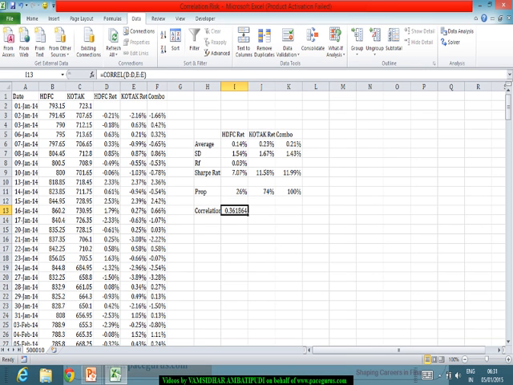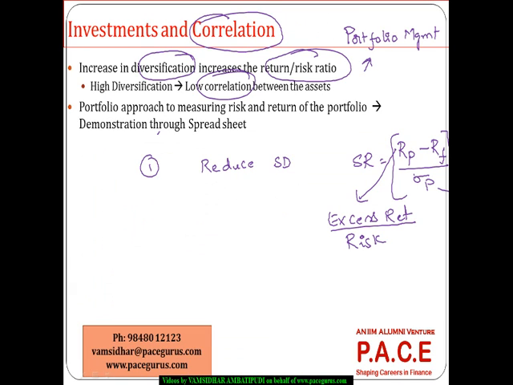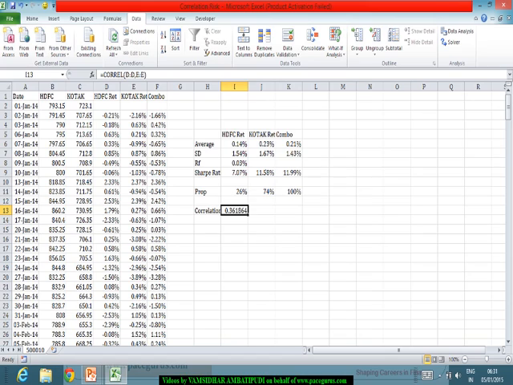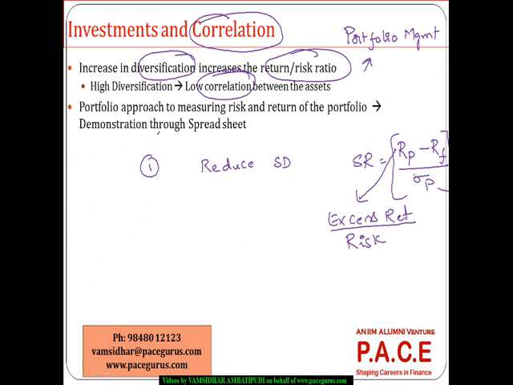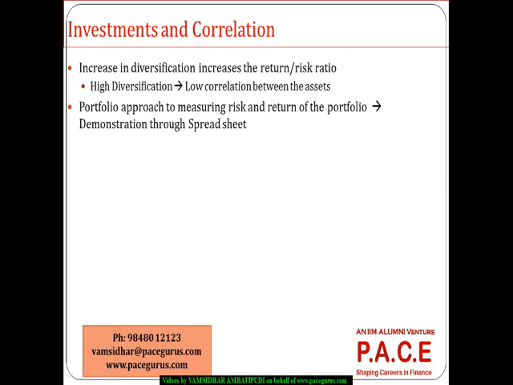So that is how we can determine the optimal combination of assets to invest in to reduce the overall risk. One option is to reduce the overall risk. The second option is to increase the reward to risk ratio. Two kinds of workouts I can do.